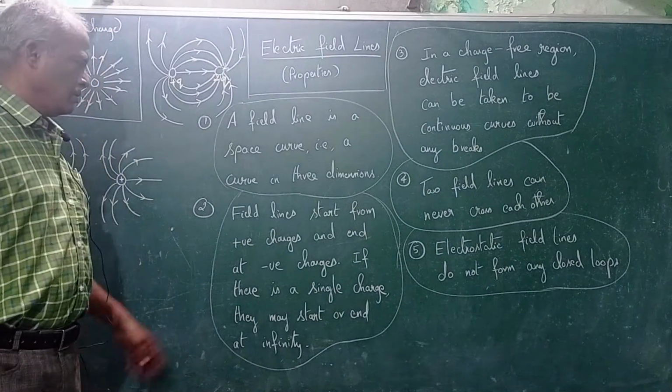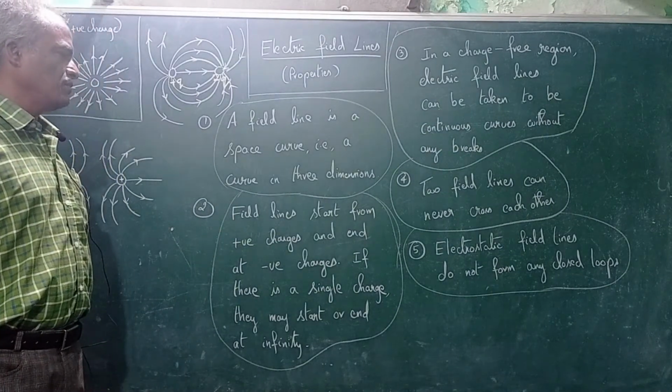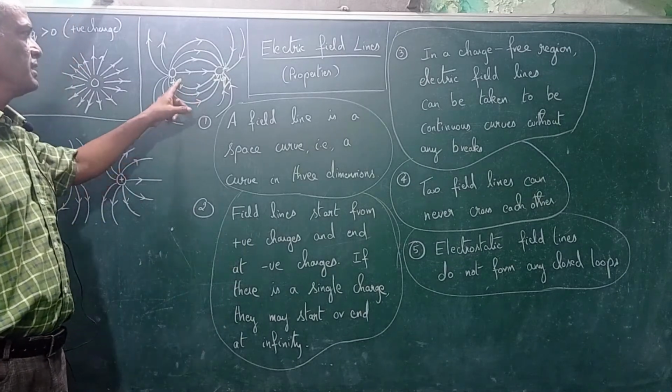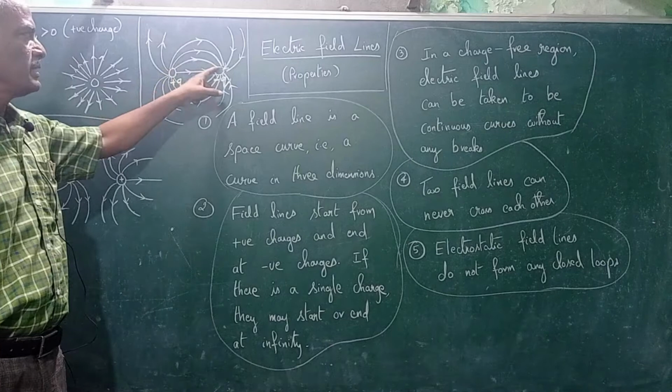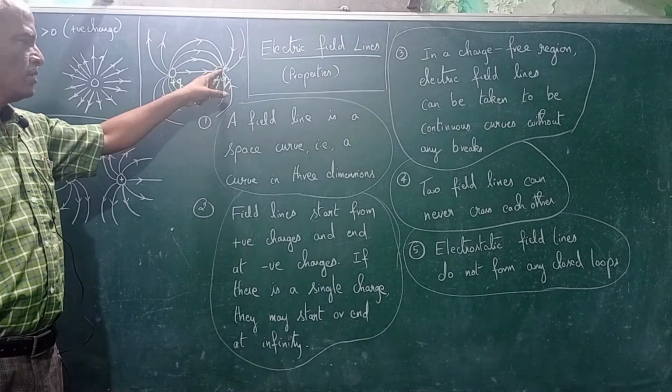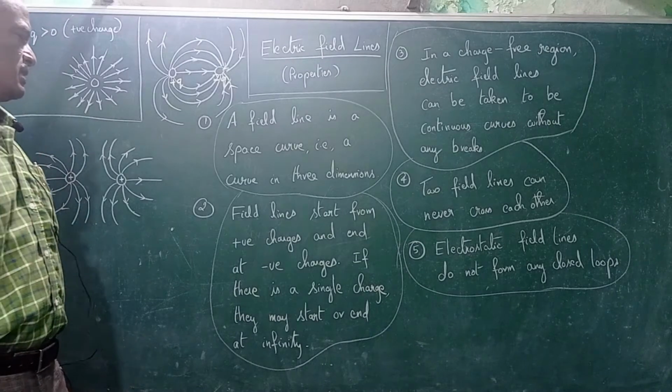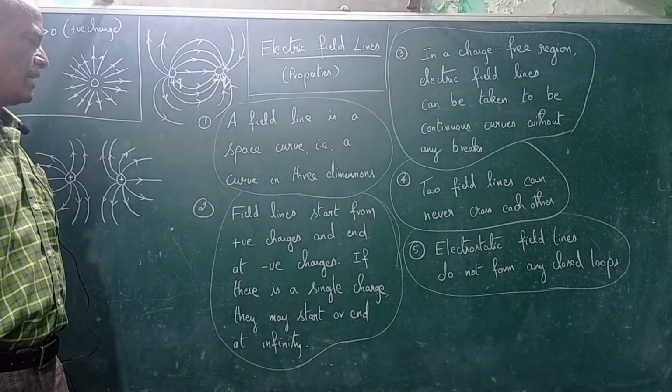Second point, field lines start from positive charges and end at negative charges. If you see here, it starts from positive charge and ends at negative charge. Okay? And if there is a single charge, they may start or end at infinity.